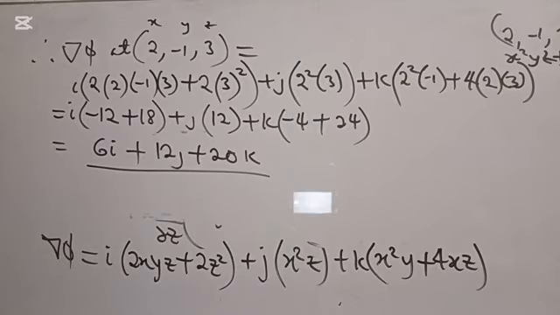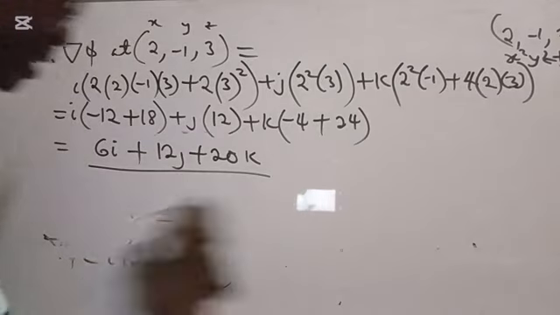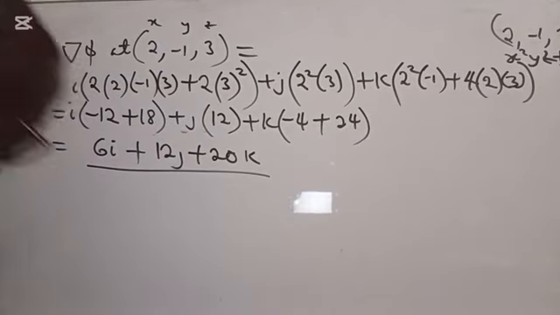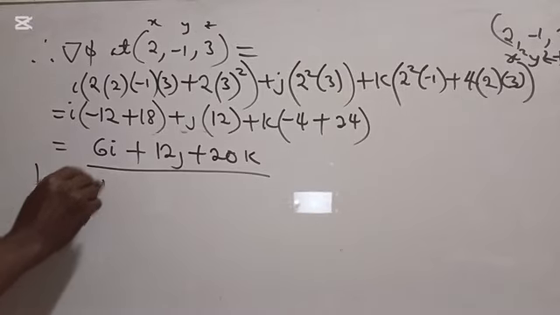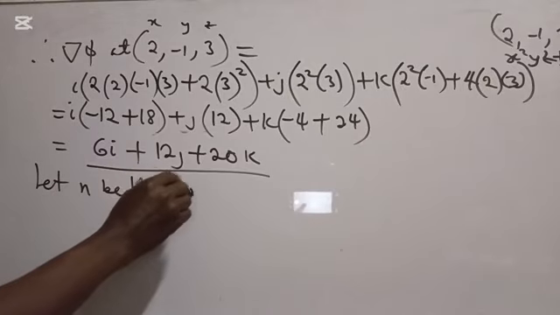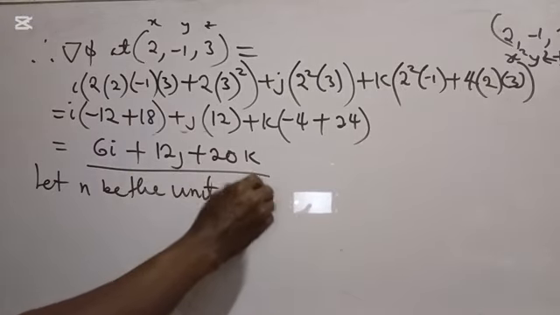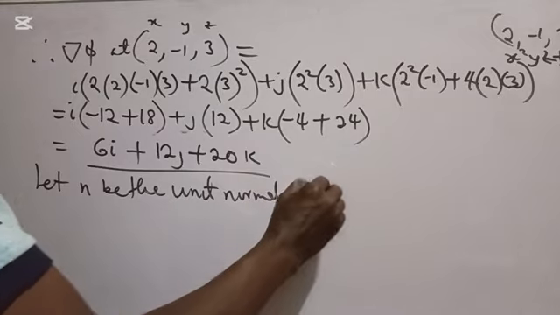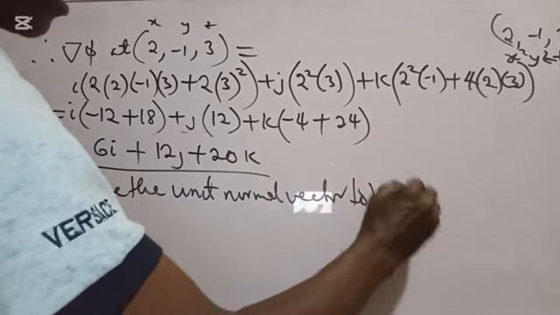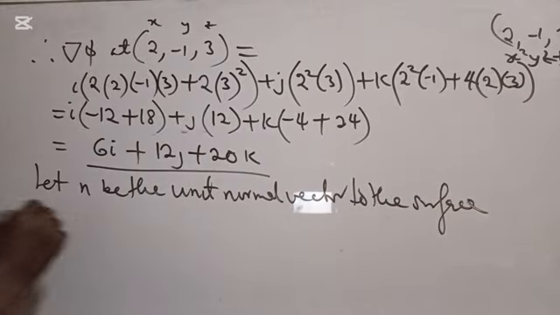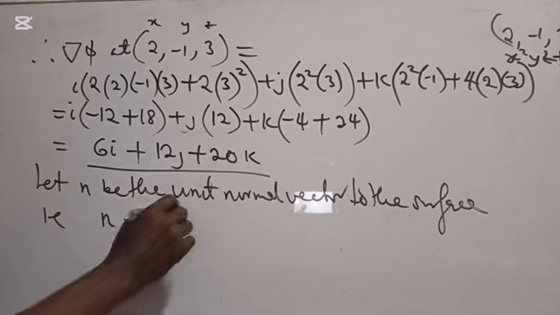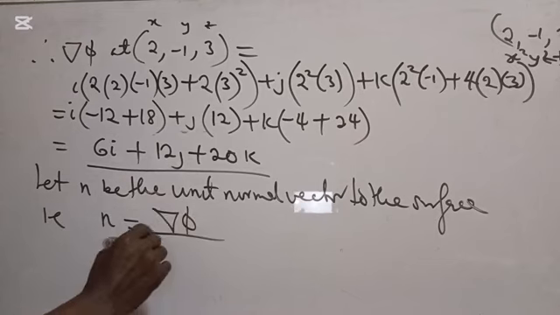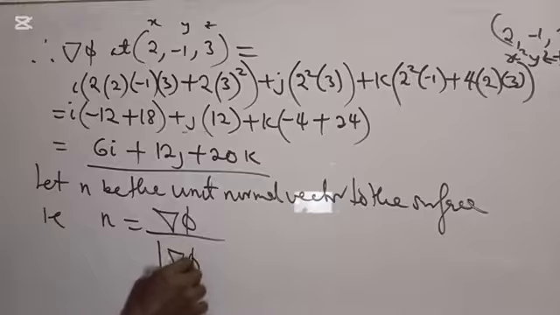Now, having done this, the next thing, which is the final step, is to find the unit normal. Let n be the unit normal vector to the surface. That is, n is equal to grad phi all over the modulus of grad phi.